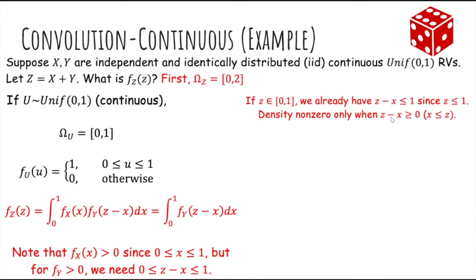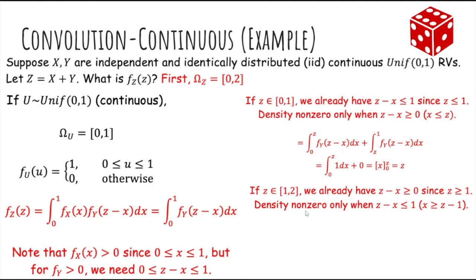But also, z minus x must be at least 0 if you want the density to be non-zero. That means that x is less than or equal to z. So the only place where the density is non-zero is in the range where x is between 0 and z. That's this part of the integral here. If we plug in the density, which is 1 here, and solve the integral, we just get z.